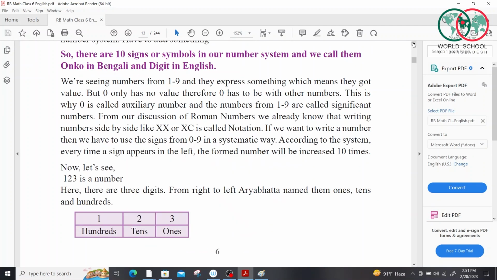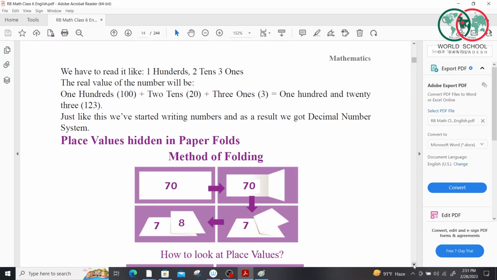Aryabhatta named the places from right to left as ones, tens and hundreds. From the right, the first place is called ones, the second place is called tens, and the third place is called hundreds.